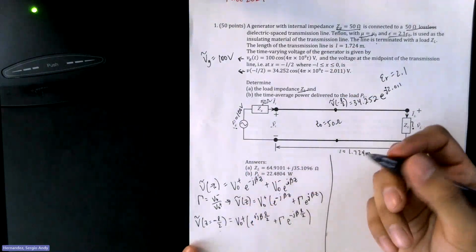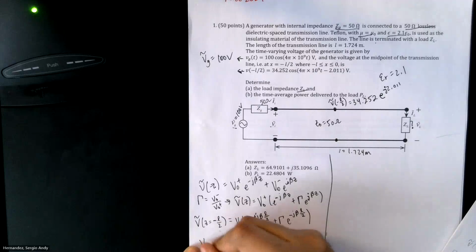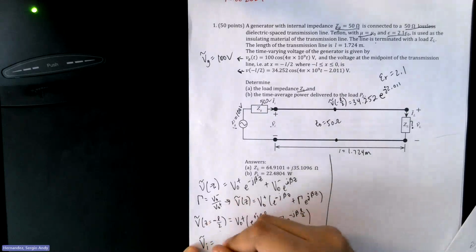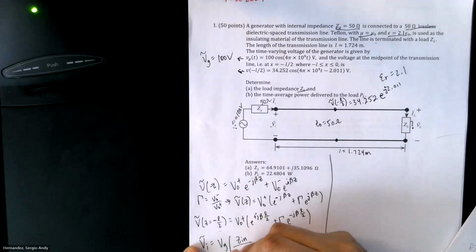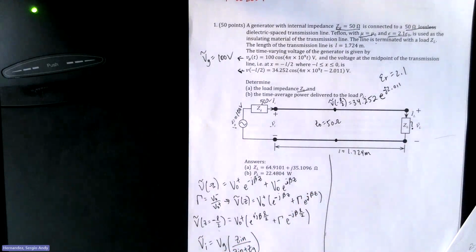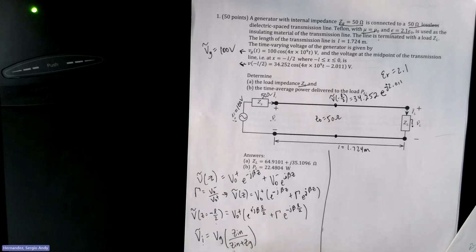So what formulas already involve VG? Yeah, so it'd be VG, Zin over Zin plus ZG, right? But you don't have VI and you don't have Zin.